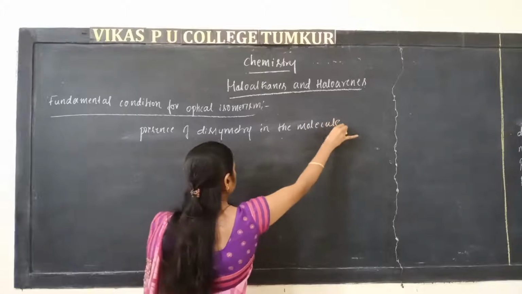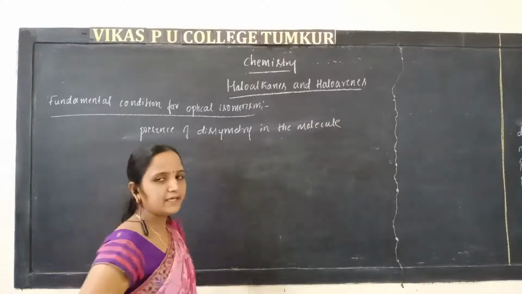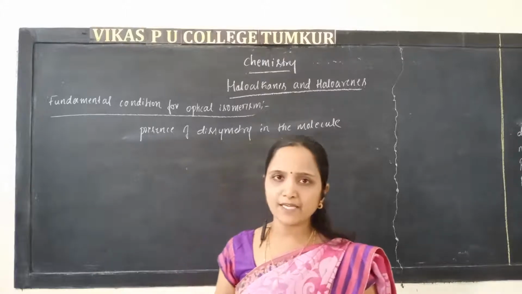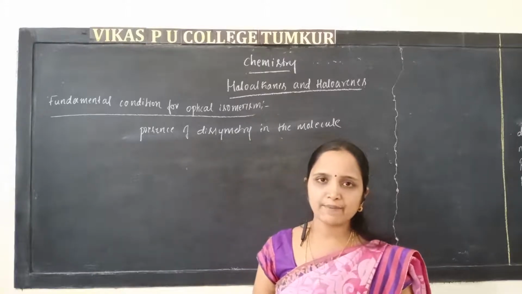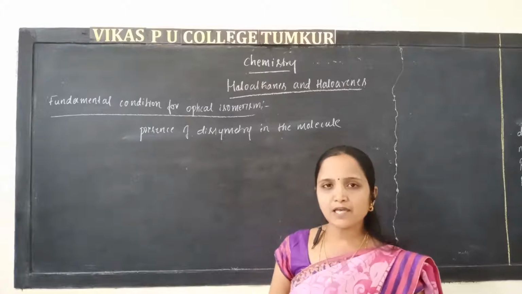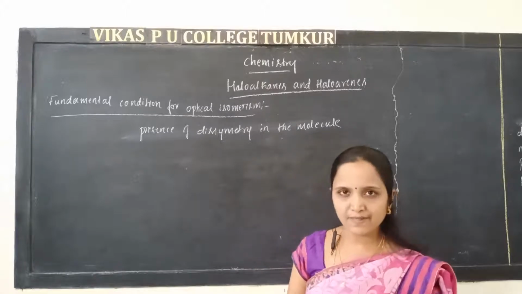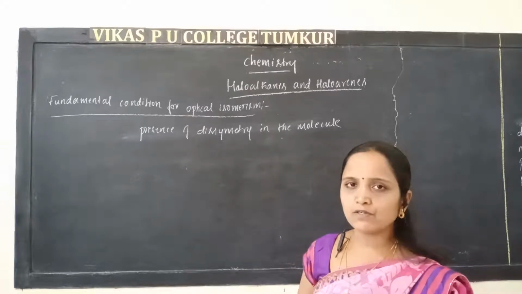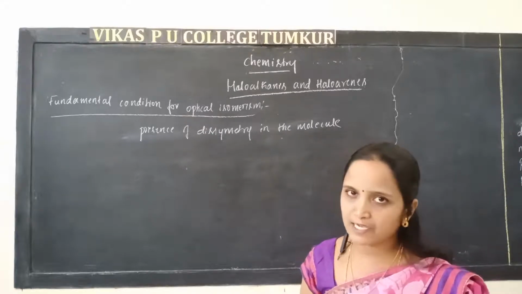This is the main fundamental condition for a molecule to exhibit optical isomerism. To exhibit optical isomerism means the absence of a plane of symmetry. Then the molecule is going to exhibit optical isomerism.